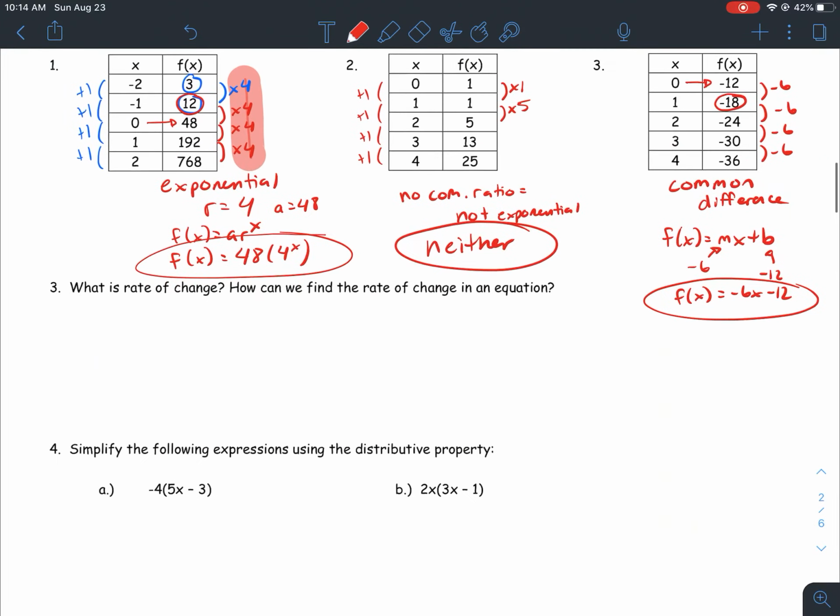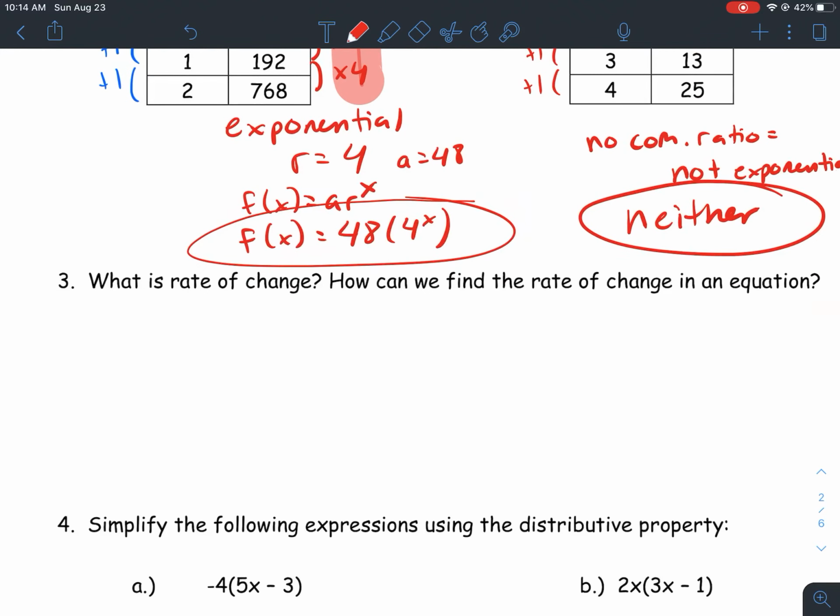All right. Next problem. It says, what is rate of change? So how I want you to think of rate of change, it really is just a fancy way of saying slope. All right, and I know you guys know how to find the slope of a line. So they said, how can we find the rate of change of an equation?